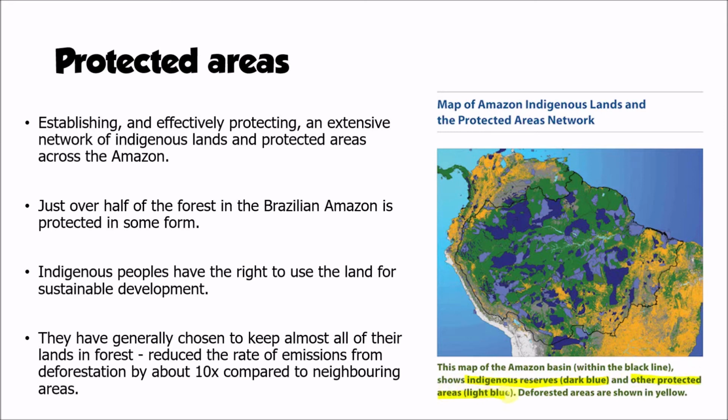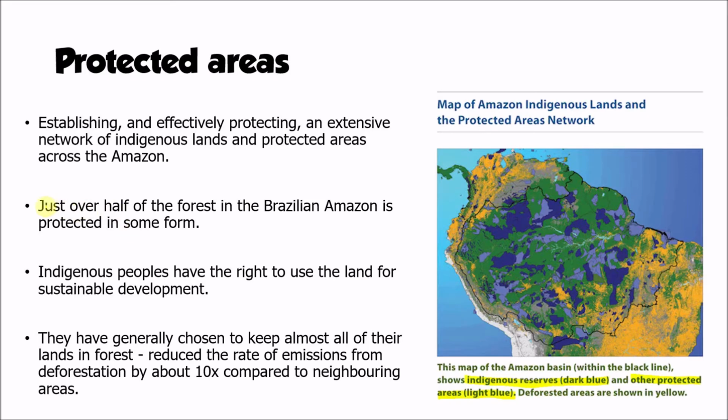So we can see that a huge area of the Amazon is actually designated as a protected region. Establishing and maintaining these protected areas has been really, really effective in reducing the rates of deforestation.